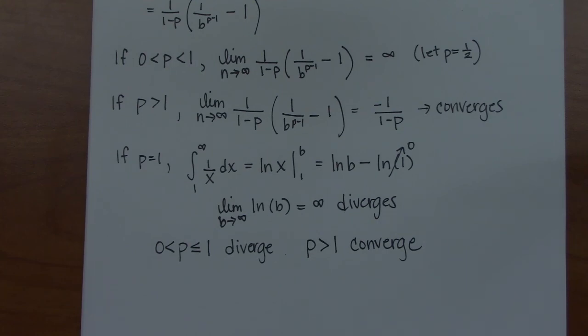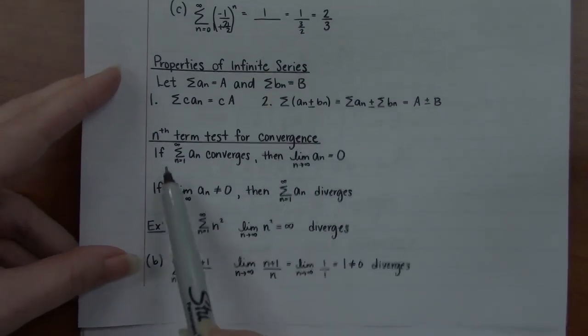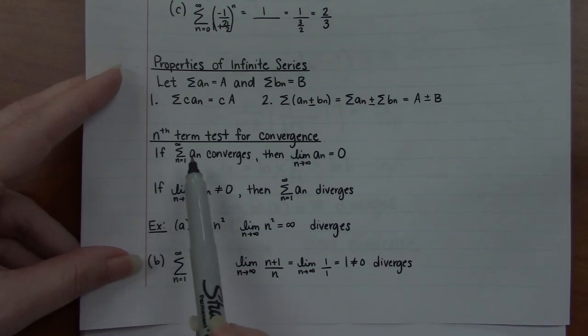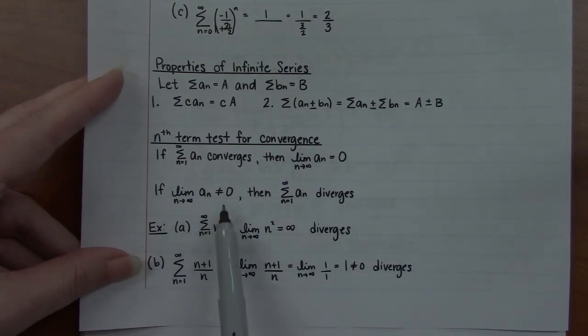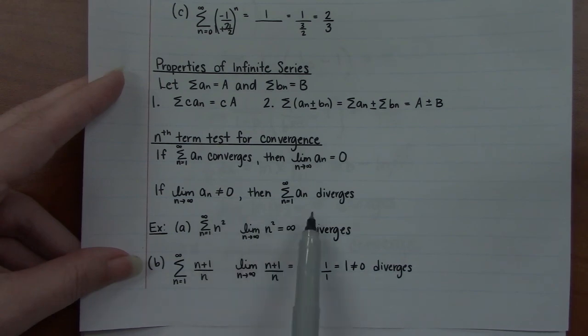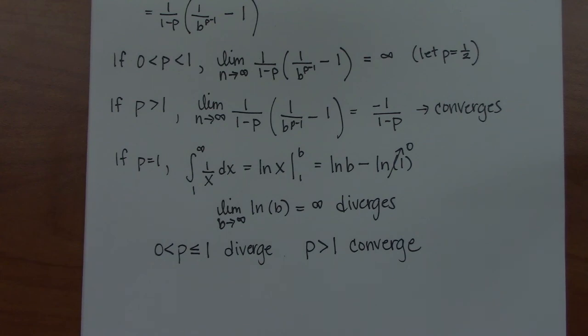So that's what we said when I said the, here it is. This was the nth term test for convergence. If the series converged, then the limit had to be 0. If the limit is non-zero, then you know the series diverged. So every single one of these functions that we even attempt to do one of these tests on, those limits all do go to 0.